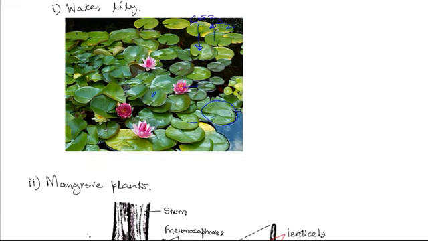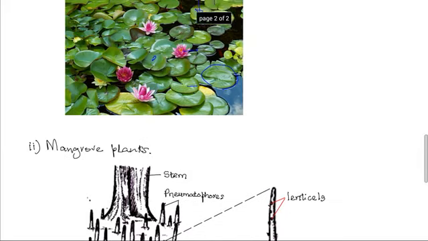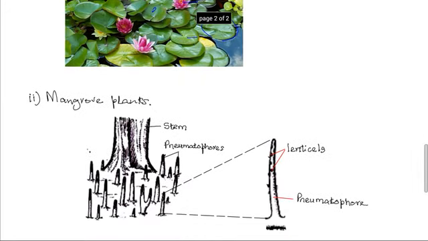Then another type of emergent plants are the mangrove plants that grow in swampy environments. These mangrove plants grow in the estuaries, areas where the soil is always waterlogged and therefore lacks air.